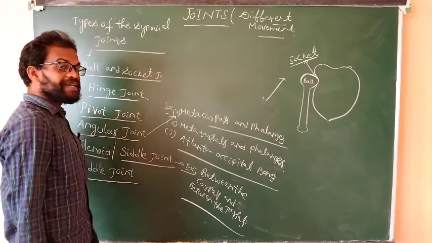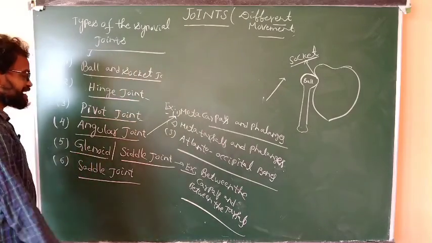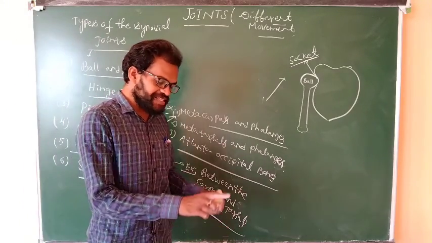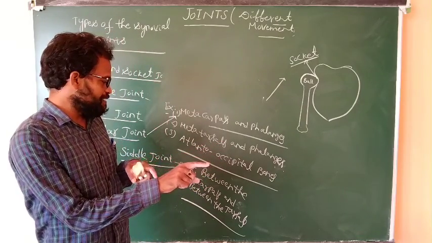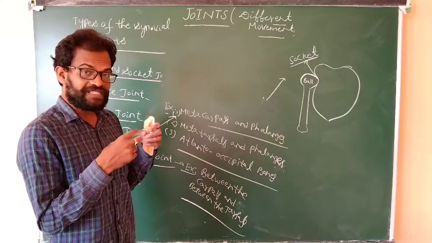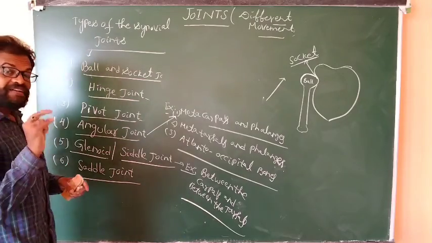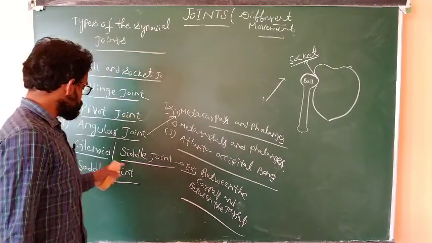What are the bones? Between the carpals and tarsals. What is the joint? Gliding joint.